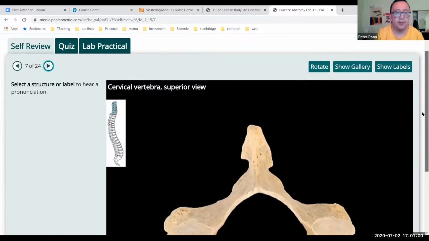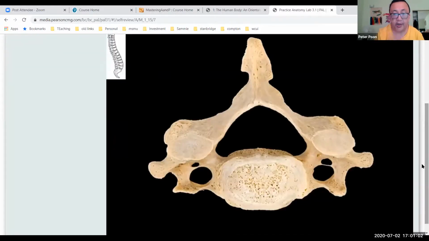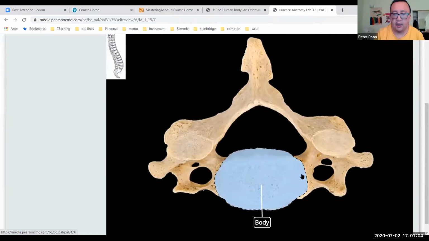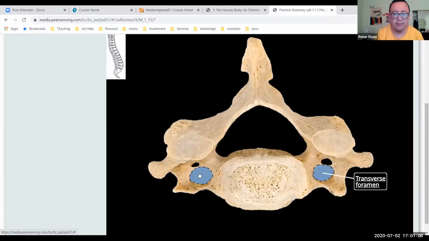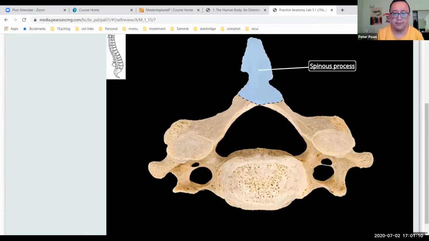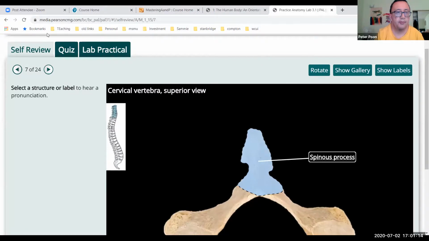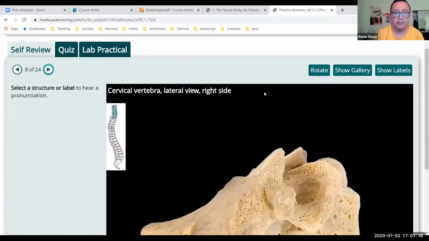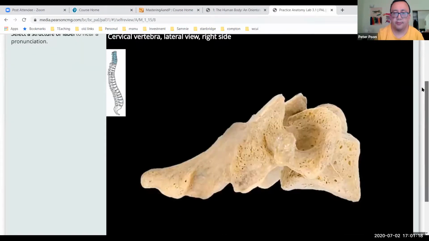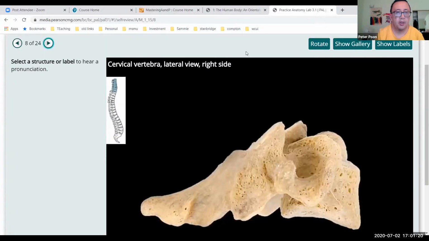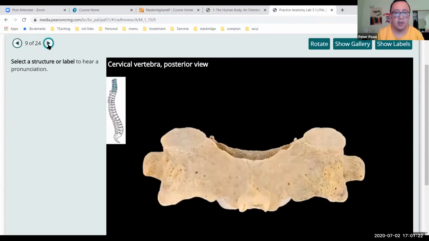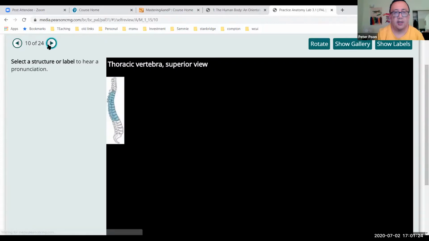So this is a typical cervical vertebrae, you can see the transverse foramen here. Cervical vertebrae, that's not interesting.